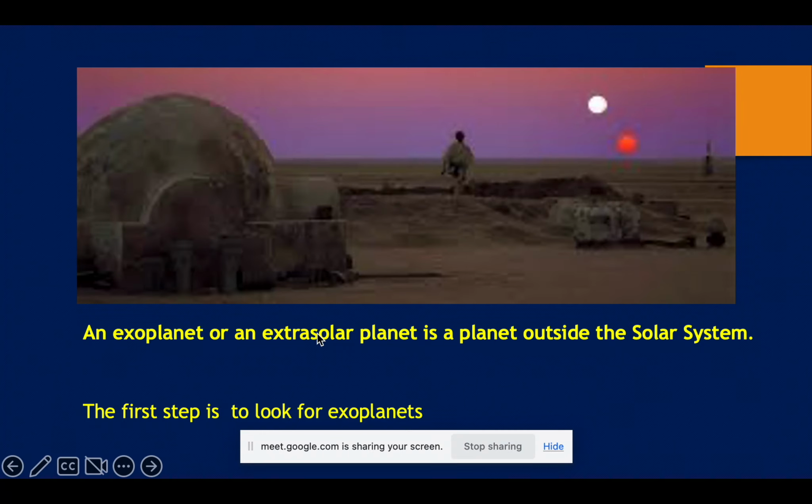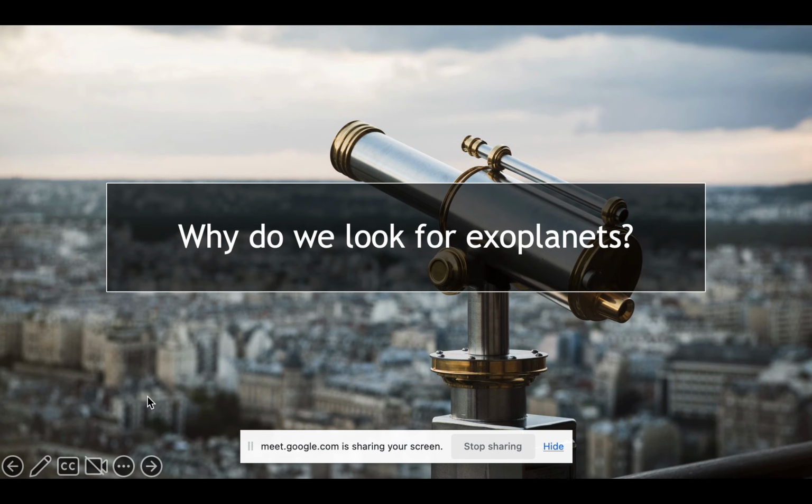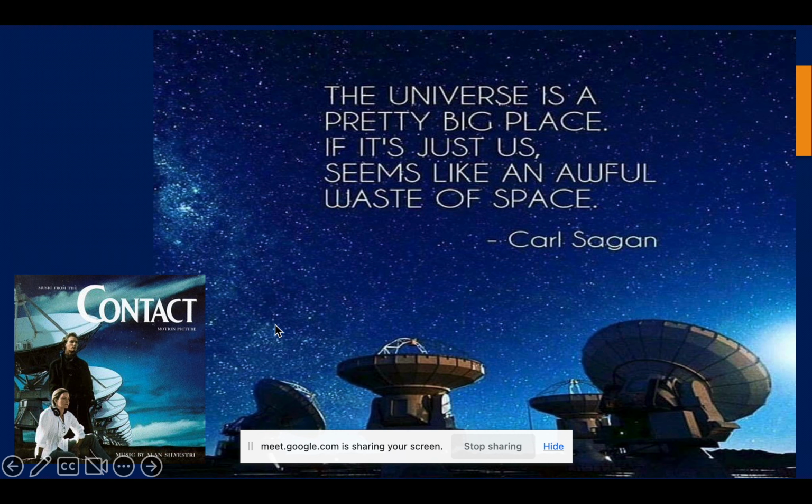Now, what are exoplanets? It's a planet outside the solar system. So the first step is actually to look for exoplanets. And why do we look for exoplanets? I love this argument which was given by Carl Sagan, in the book as well as in the movie. This was his justification for why we need to look for exoplanets, or look for life in the universe: the universe is a pretty big place.